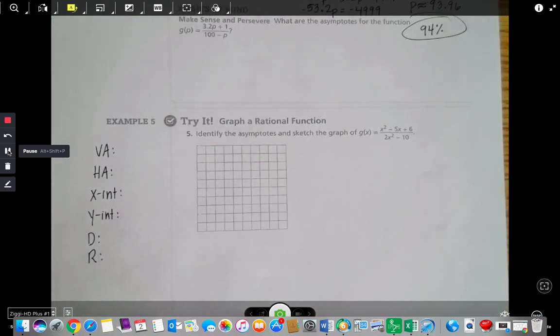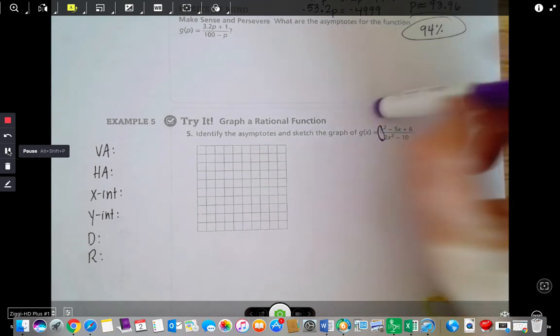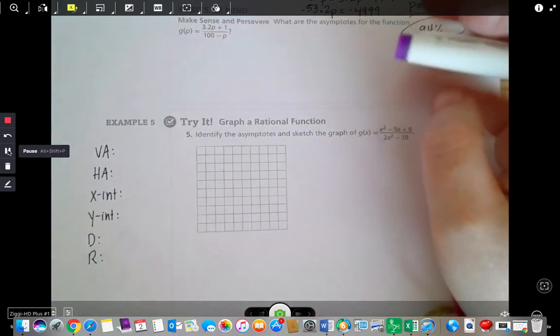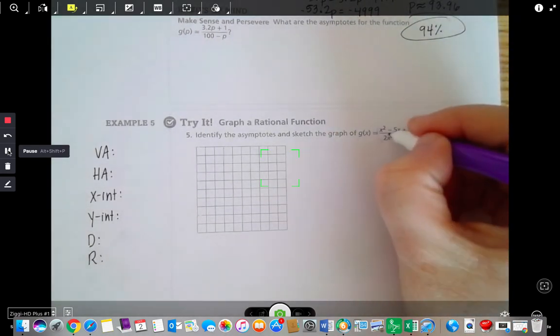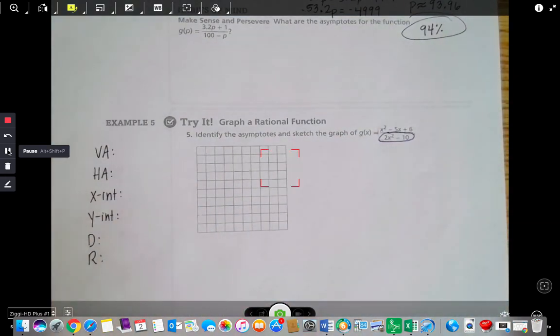We find our vertical asymptote from your two leading coefficients if, nope, I just said that all wrong. Good thing I can erase, right? We find our vertical asymptotes, not horizontal, from your denominator.